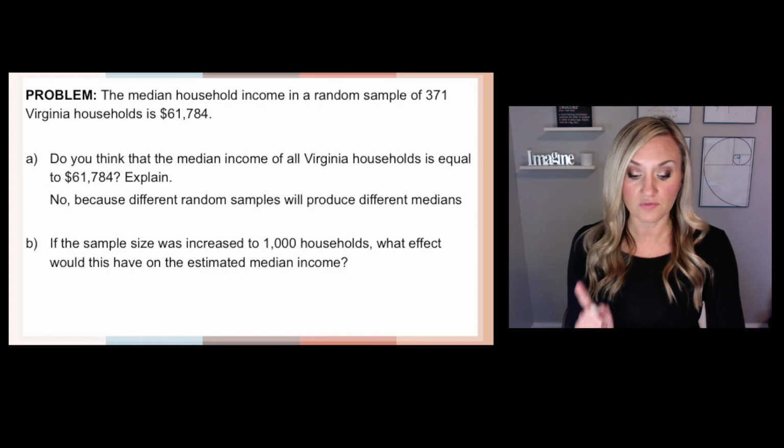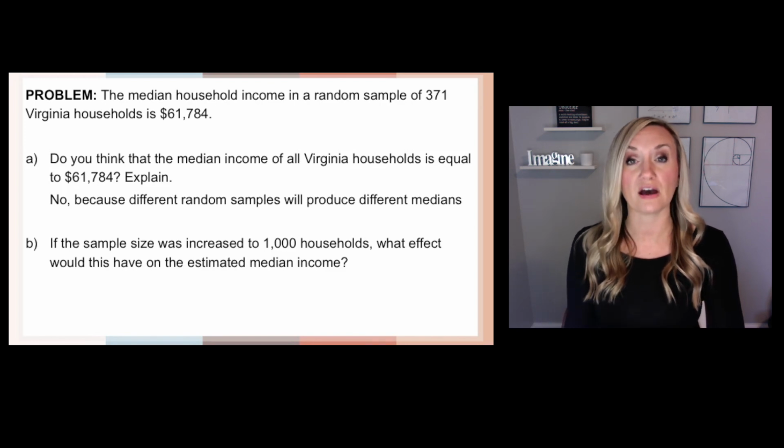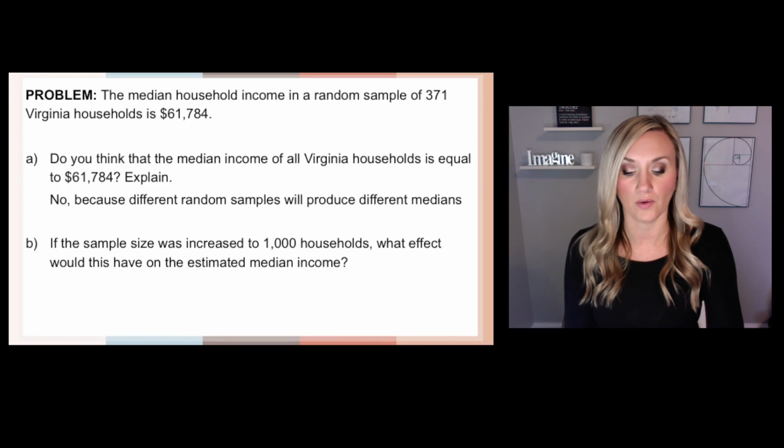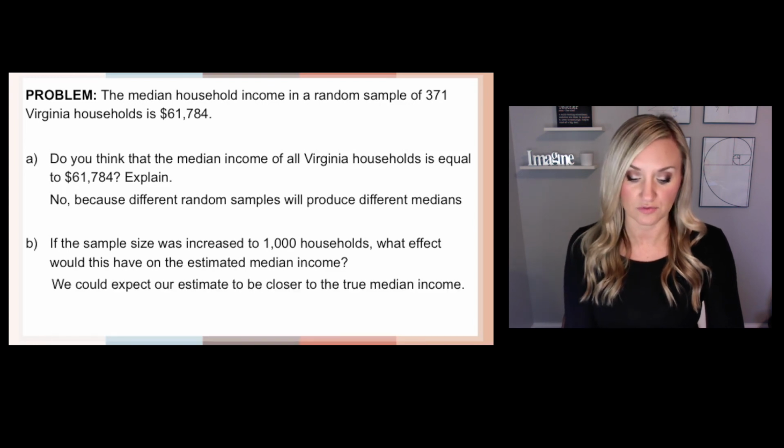All right, if the sample size was increased to 1,000 households, what effect would that have on estimating the median income? Well, that definitely is going to get us closer to the true actual median. The larger the sample size, the more reduced the variability is going to be.